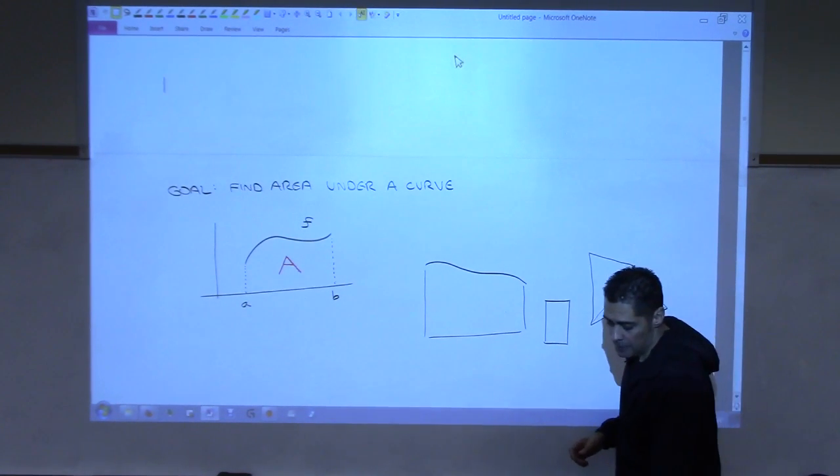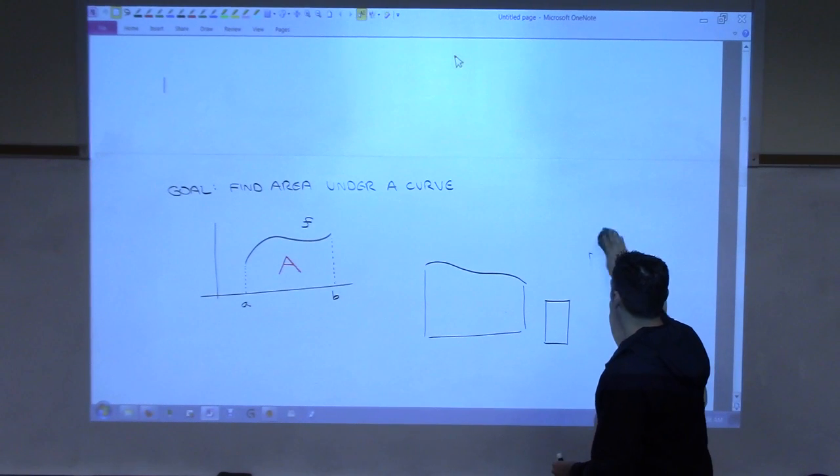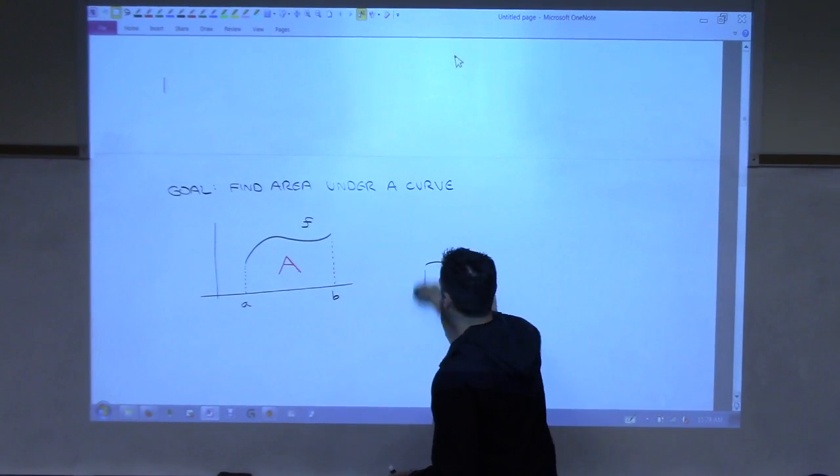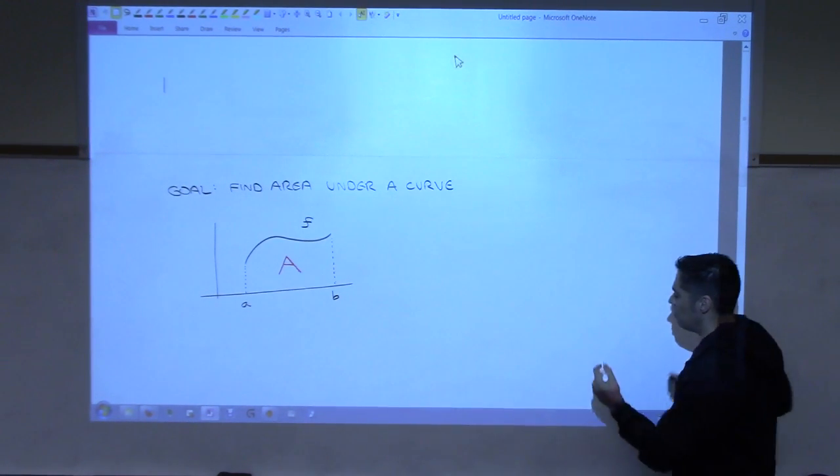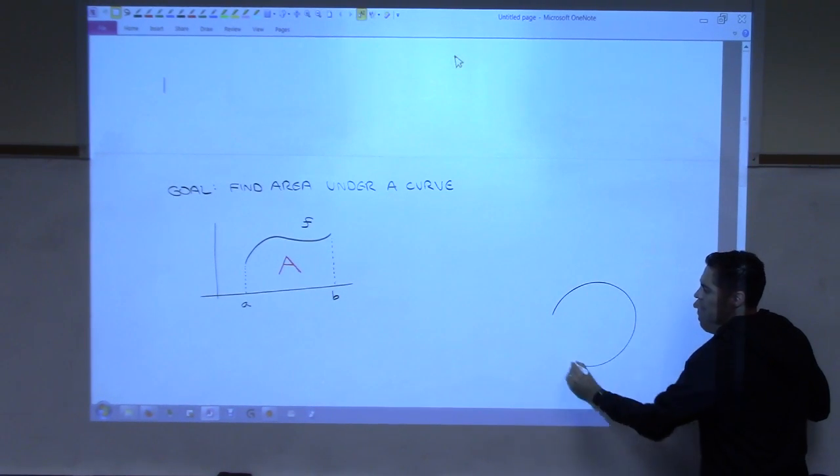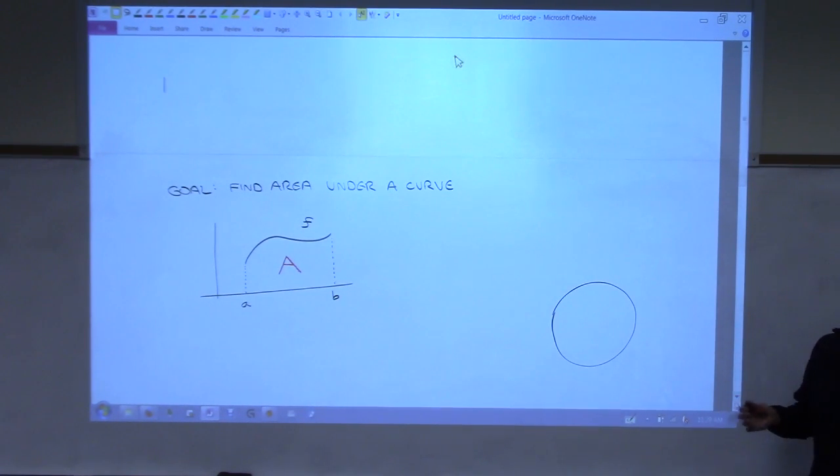And even more, the Chinese were trying to figure out for a long, long time a very simple question. Well, it sounds simple. What's the area of a circle? We all sit here and say pi r squared. That's nice. We know that. It's true. But how did they determine the area of a circle back before the formula pi r squared was there?